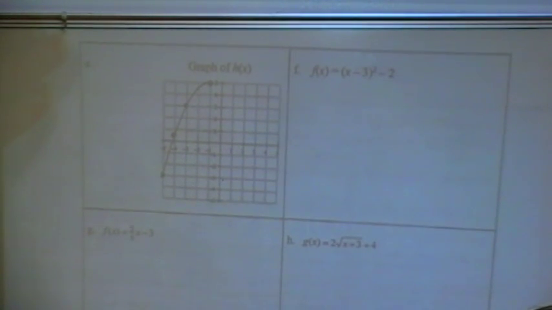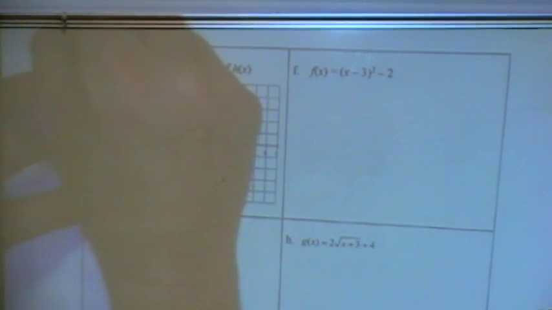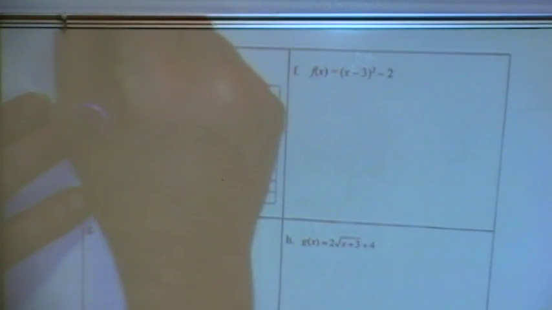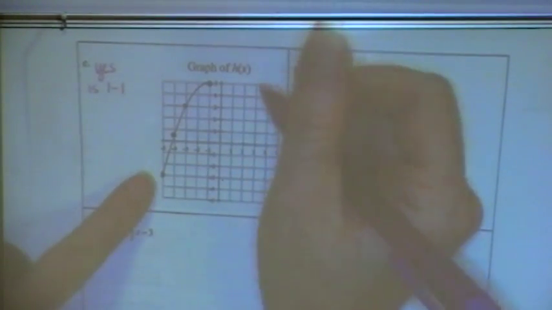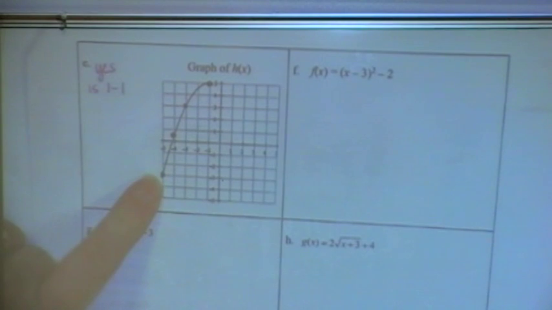Is e a one-to-one function? Yes. It is one-to-one. I'm just going to take my critical points and plot them.